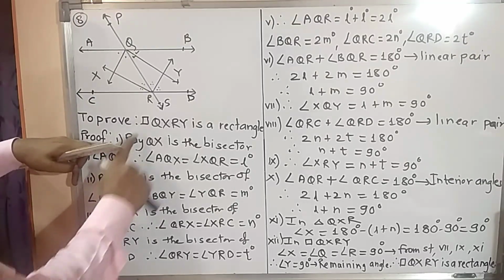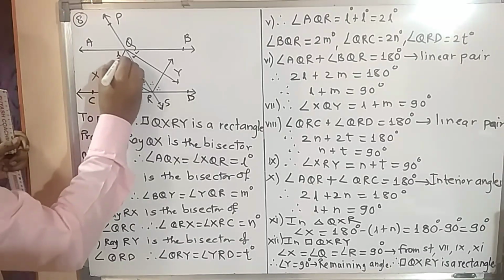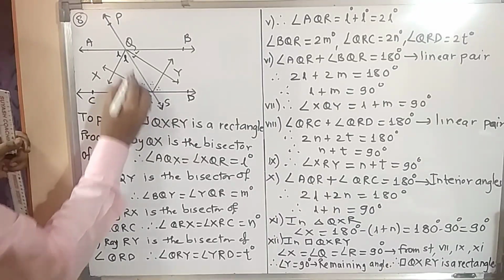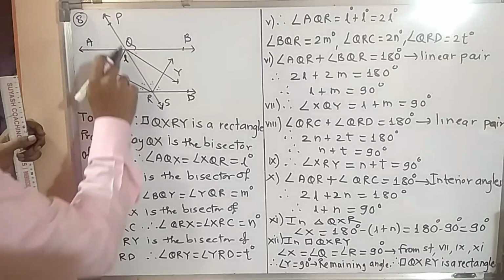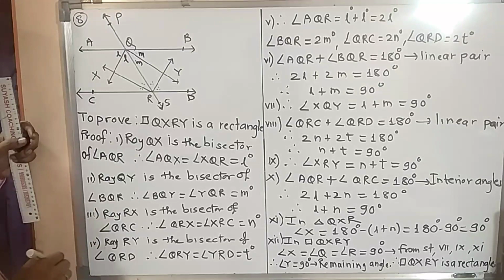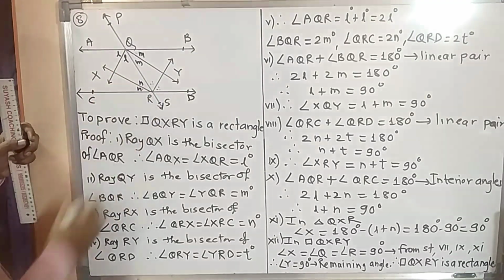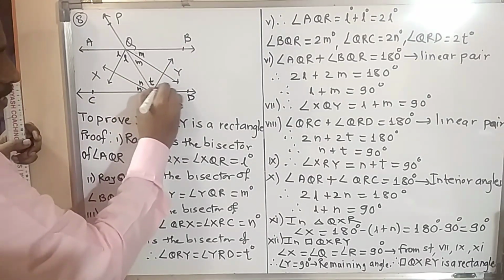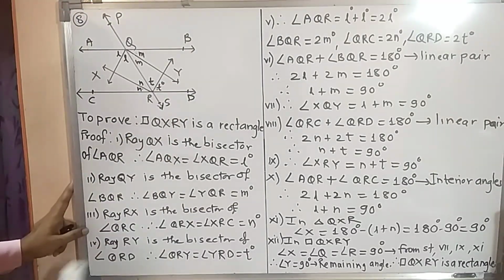Statement number 1. Ray QX is the bisector of angle AQR, therefore this is L, this is also L. QY is the bisector, therefore this is M, this one is also M. RX is the bisector, therefore this is N, this is also N. RY is the bisector, therefore this is angle T, let it be T. So here I have assumed all these angles.